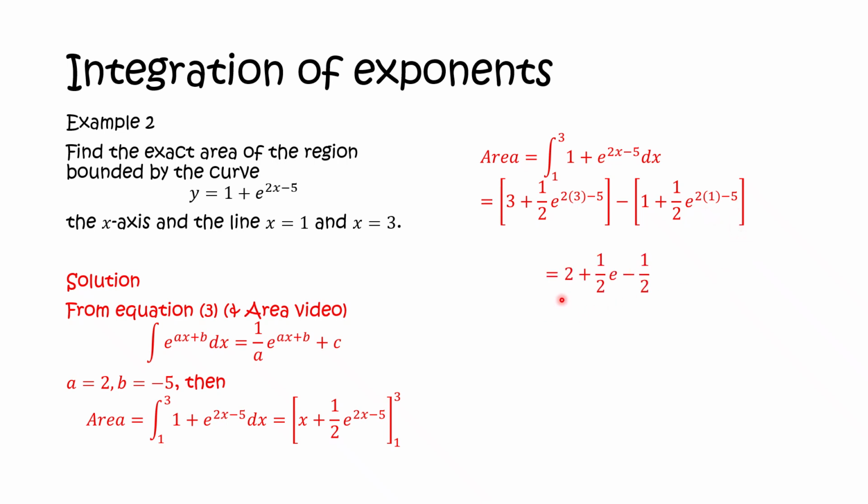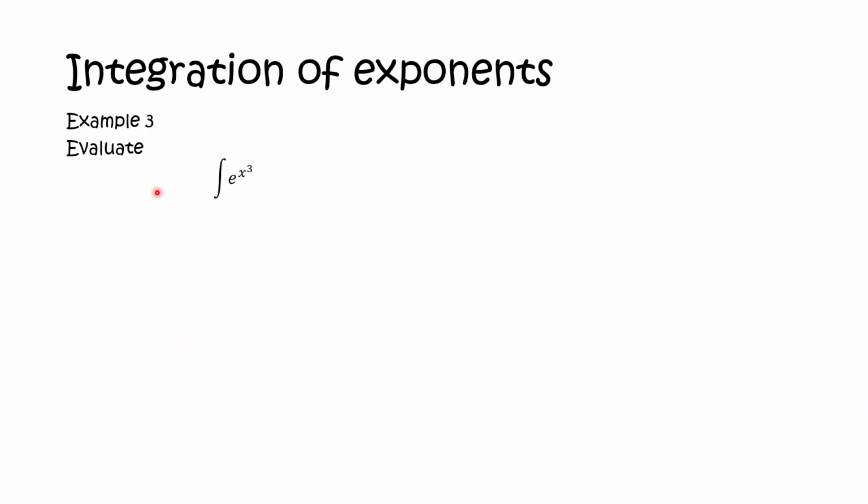We simplify that further so that we get 2 plus half times e minus half times e to the power minus 3. Simplifying that further, we would get 2 plus a half times e minus e to the power minus 3 square units. That is our final area. Let's look at example 3.